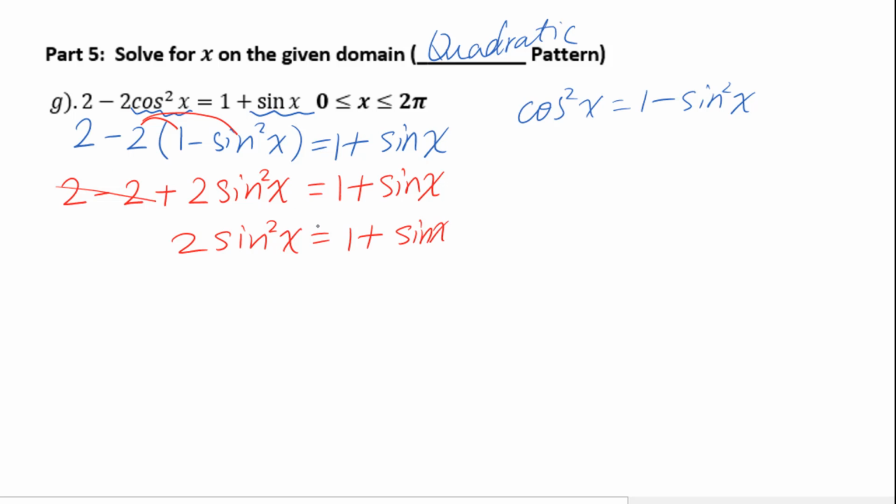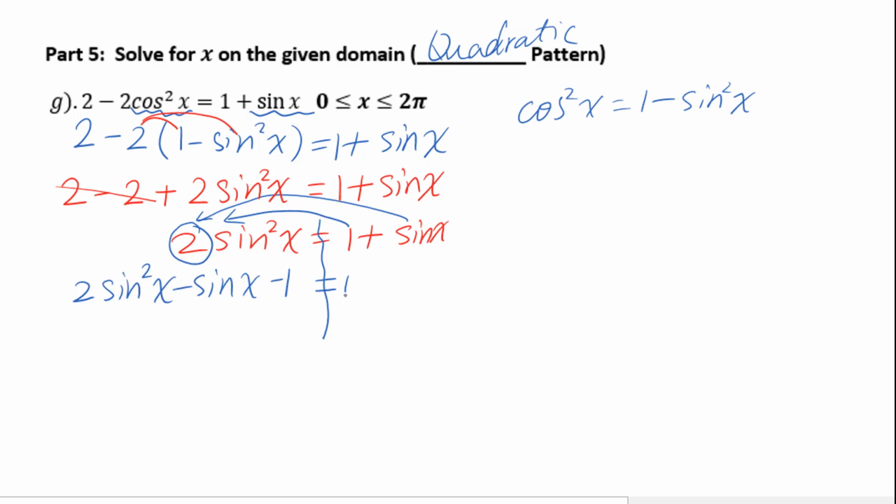We will move every single term to the left side because the leading coefficient 2 is positive already. So have 2 sine square x minus sine x minus 1 equal to 0.